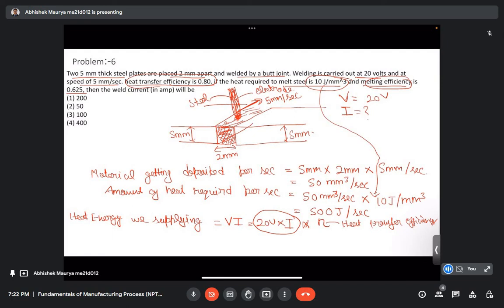So out of this whole energy, the energy utilized for melting purpose will be equal to 20 into I into the heat transfer efficiency into 0.625, that is the melting efficiency.